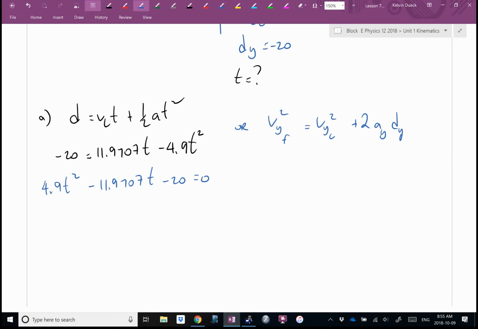Who would prefer to use the quadratic formula method? I bet you the overlap between the people that just raised their hand and the people that have the built-in solver is probably pretty good. Who would prefer to use the Vy final method? No one. Oh, this is weird. Normally in almost all my other years, there's a massive preference to avoid the quadratic formula. Who has a quadratic solver? Okay. Find T. I'm going to do the Vy final method here really quickly and see if I get the same T as you folks do with the quadratic solver method.